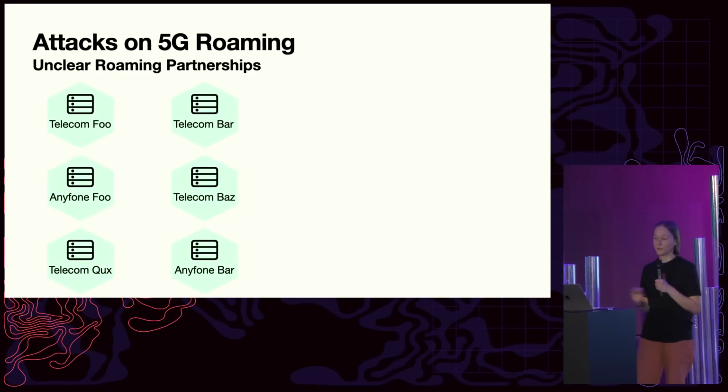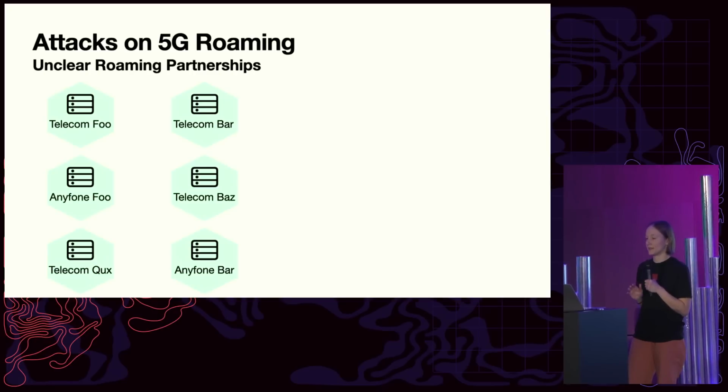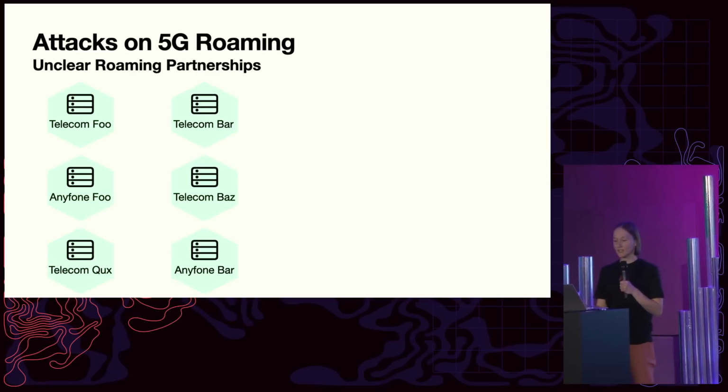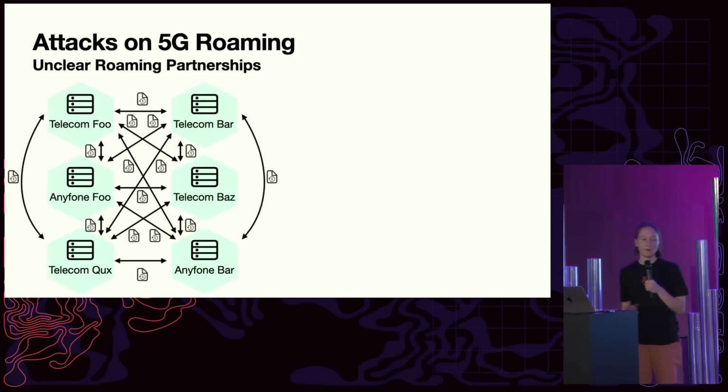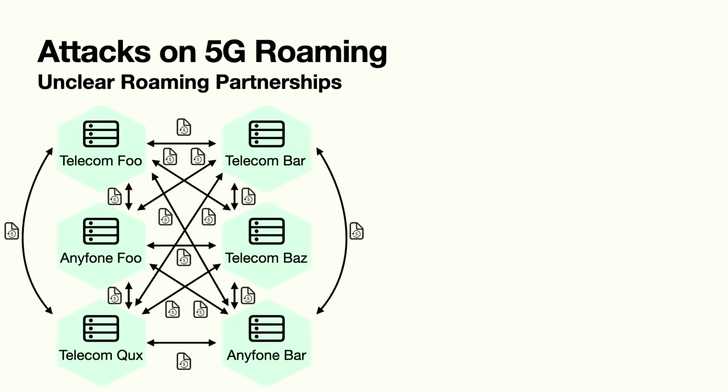Another thing which makes the roaming system hard to comprehend is that for you to connect to any network when you're traveling to some country, your operator would have to have a lot of contracts. It would be nice if they had a contract with some operator in every other country in the world, so you could freely travel everywhere.